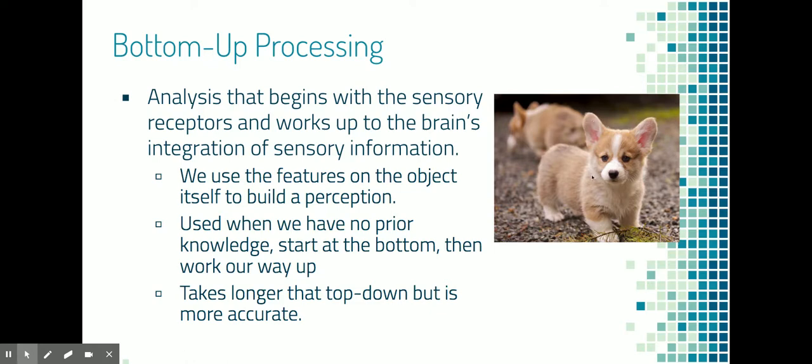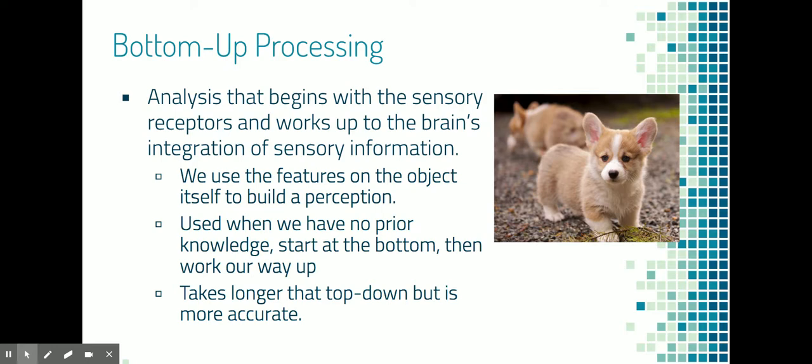So I start looking and go, okay, it's furry. It has a long snout. It has the ears like this. Okay, so I recognize all of those things. I think this is some sort of a canine mammal dog type. And you kind of work your way through each of those things that your eyes are taking in.